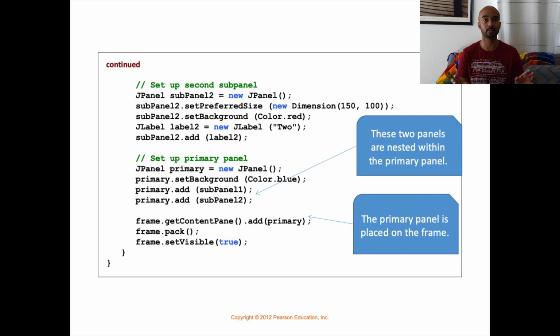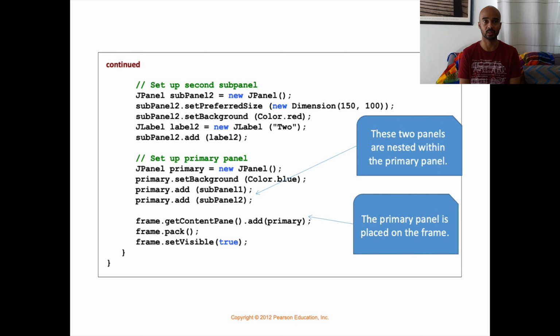So now we have two subpanels, both with a specific color and two different labels. Now, after creating these two subpanels, what we're going to do is place them within a primary panel. So we create a JPanel primary, setting the background on this primary panel to blue, and then adding both subpanels to it.